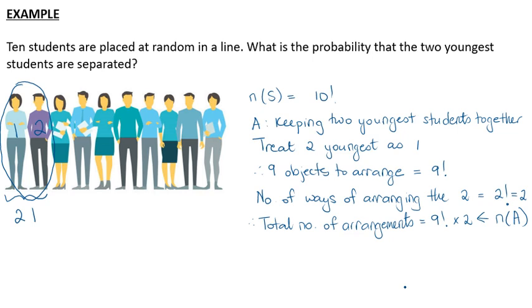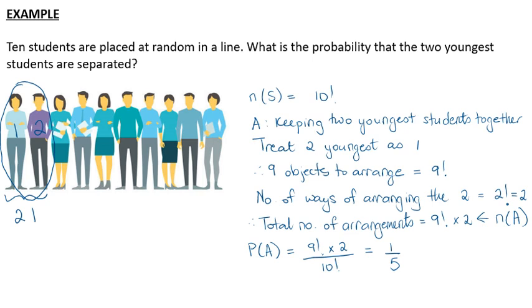So the probability of A is going to be your 9 factorial times 2 over your 10 factorial. And that gives 1/5. So that is the probability of keeping the two youngest students together.